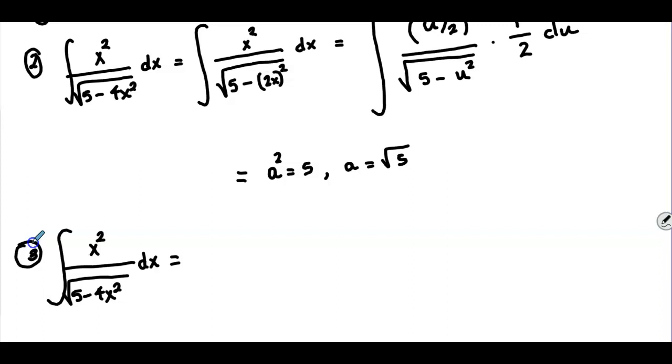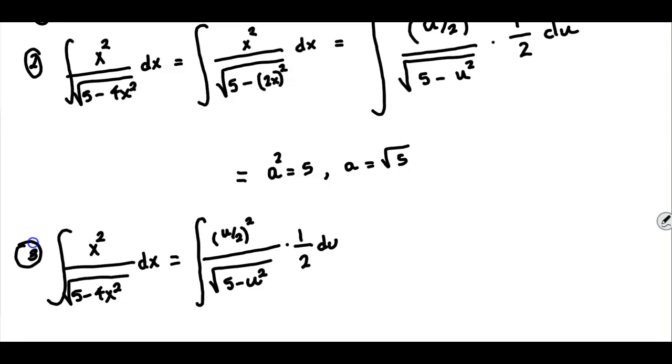And so I'm going to rewrite what we got up there, which was u divided by 2 squared all over the square root of 5 minus u squared times 1/2 du.